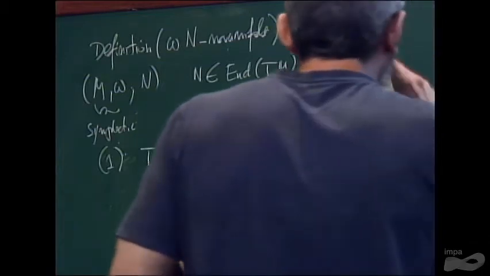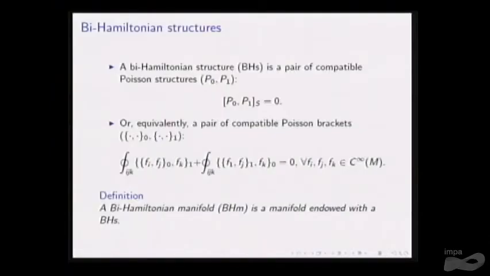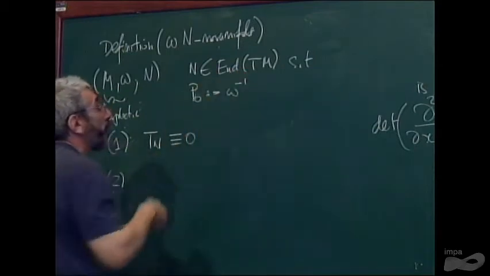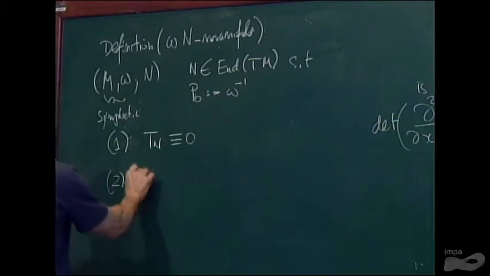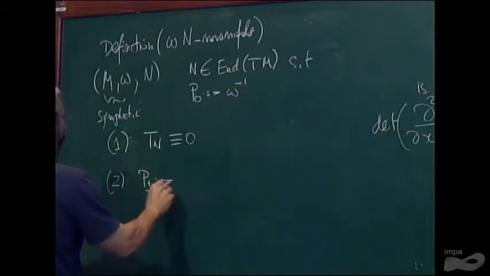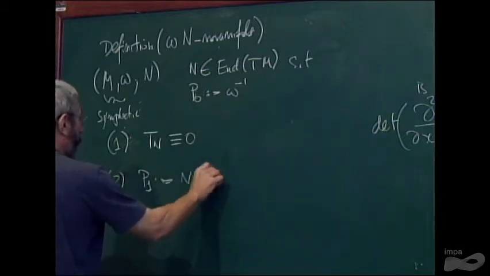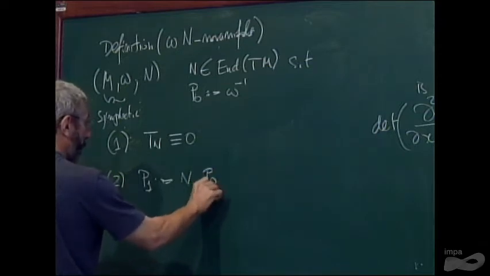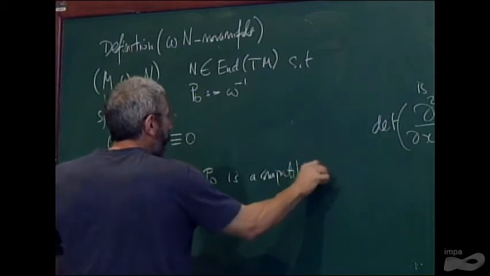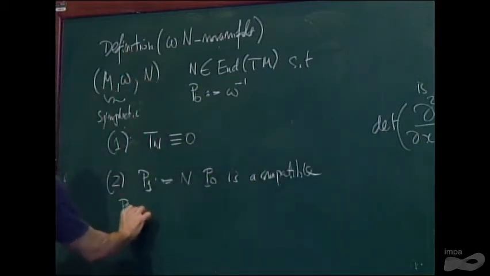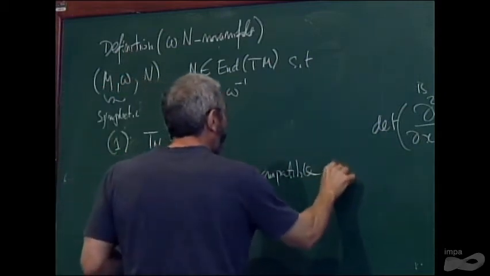And second, if I write P0 as omega to the minus 1, then P1, defined as N composed with P0, is a Poisson structure compatible with P0.